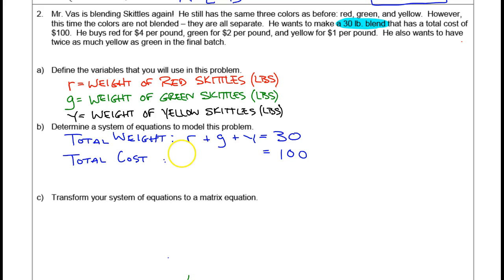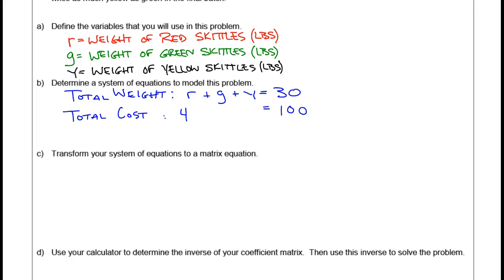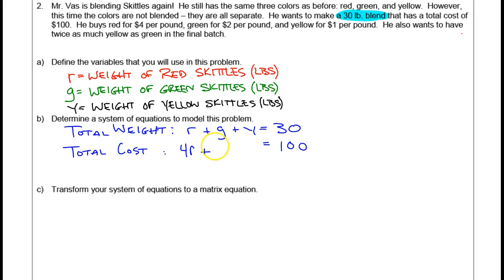So $4 per pound times the number of pounds will give me the cost of the red Skittles, plus $2 per pound for the green Skittles times the number of pounds of green. Finally, plus $1 per pound times the number of pounds of yellow Skittles, and that is going to be my total cost equation.